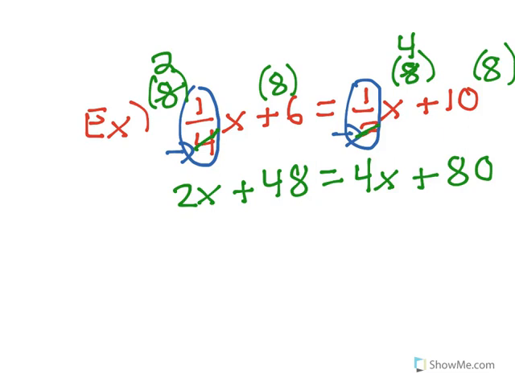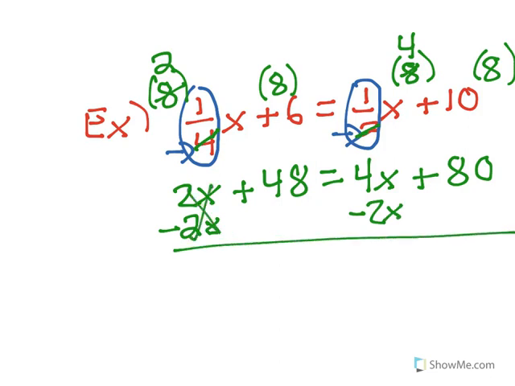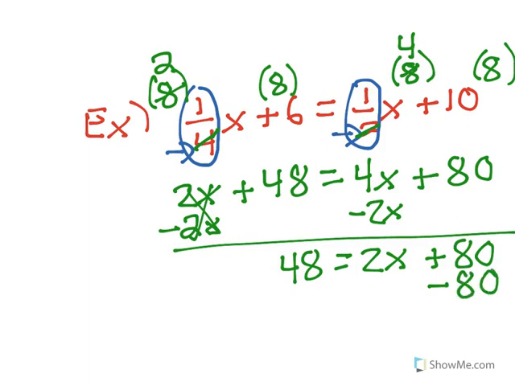And this is exactly what we did last week. We have variables on both sides. I have 2x and I have 4x. So I'm going to subtract 2x on both sides. So I'm going to get 48 is equal to 2x plus 80. I'm going to subtract 80 on both sides.